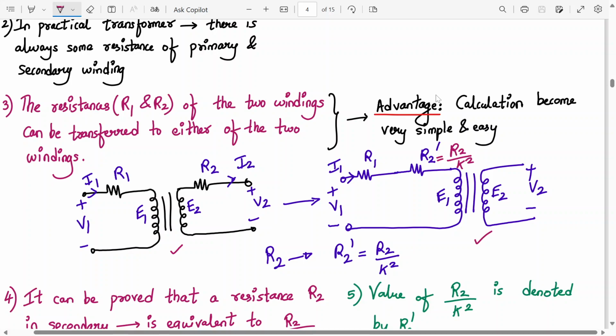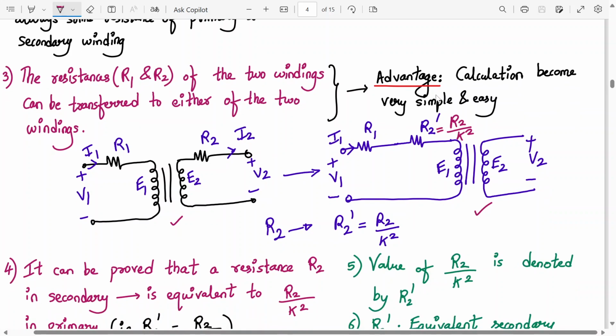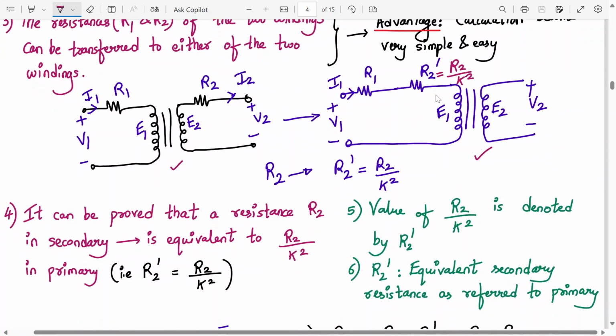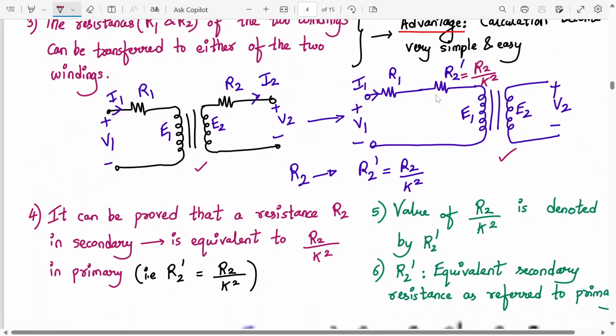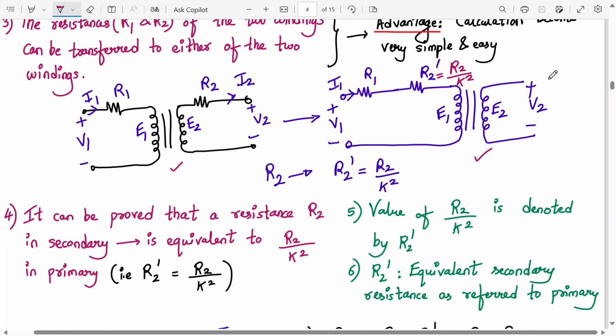That means R2 dash is equal to R2 upon K square. Completed the diagram? Can I move ahead? Hello? Students, completed this? Yes. Okay.